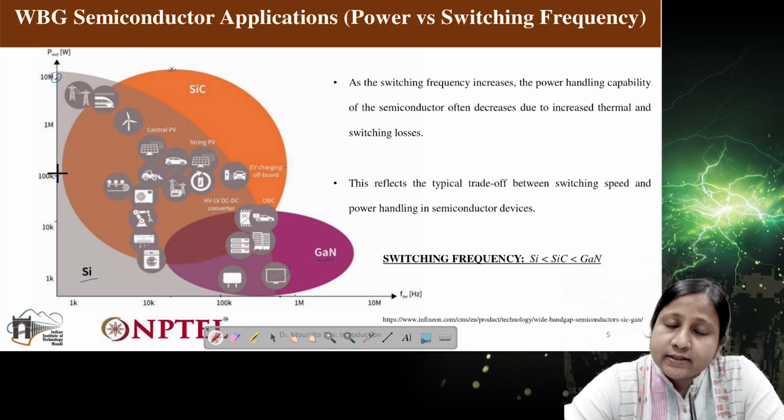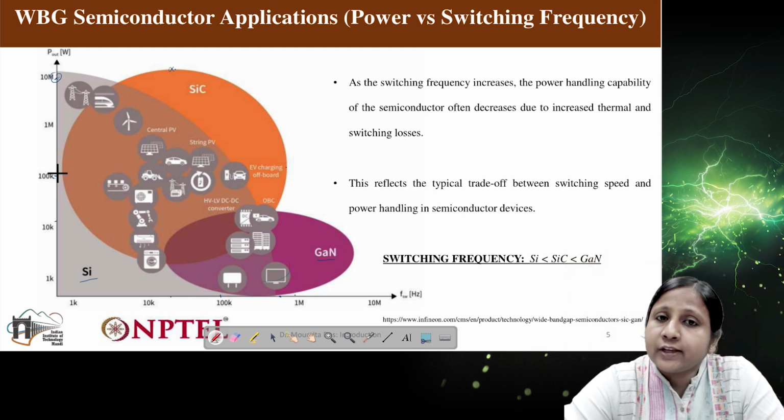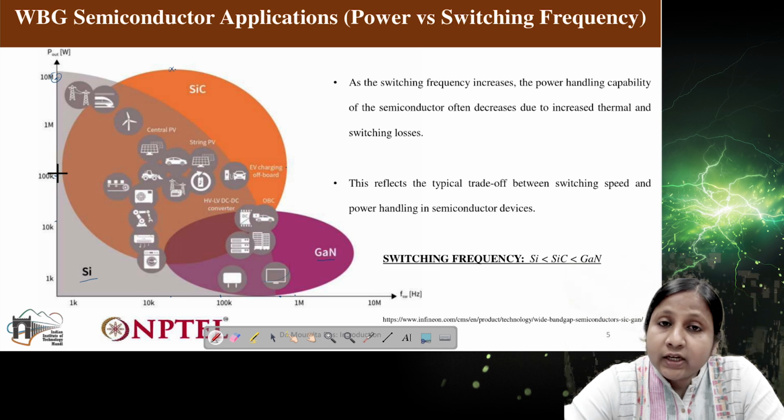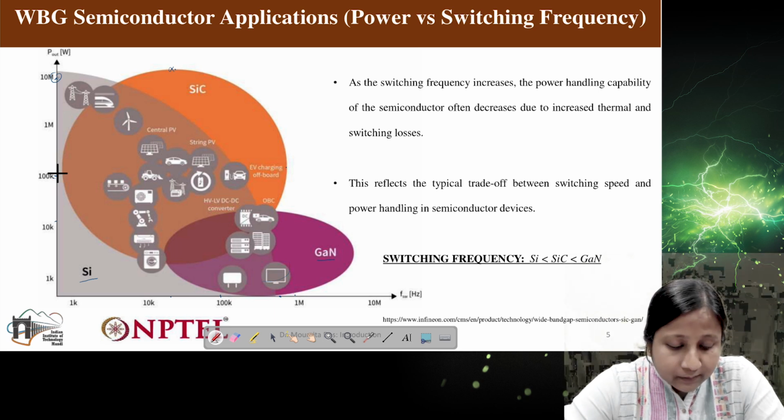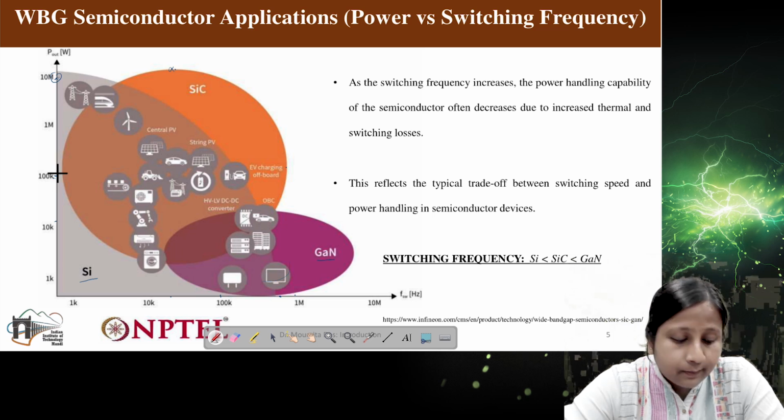Silicon carbide devices are more suitable for very high power applications, so medium frequency and high power. GaN is suitable for medium power and high frequency, and silicon carbide devices are suitable for high power and medium frequency, whereas silicon operation is limited to comparatively low power and low frequency applications.